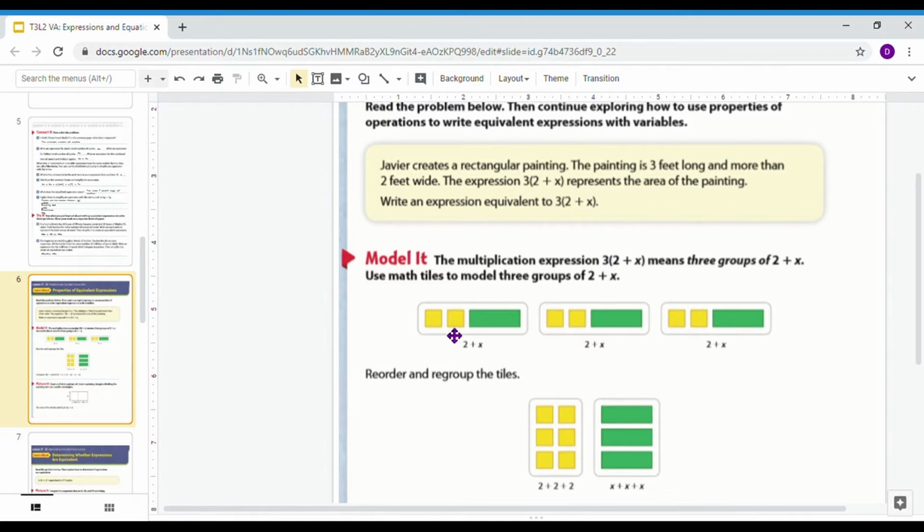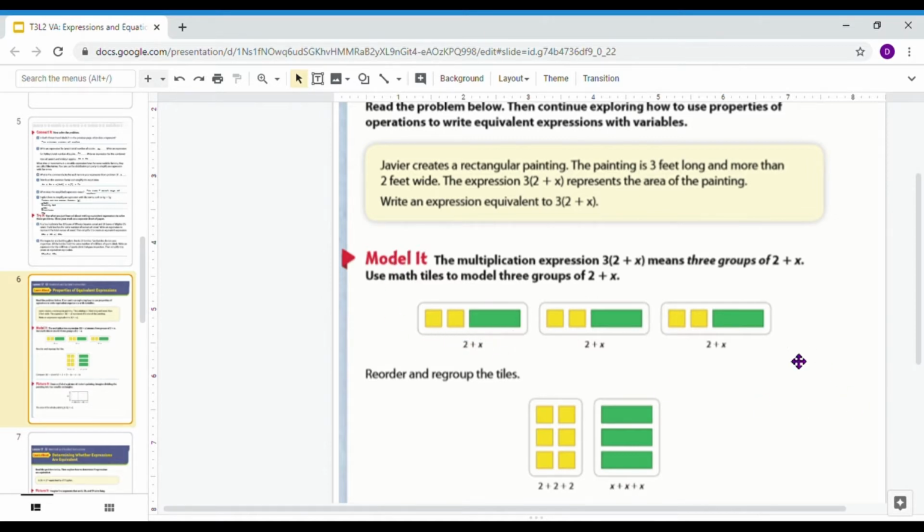We got 1, 2 are the yellow squares, and the x is going to be an unknown number because it's a variable, and that's going to be represented by this green rectangle. The 3 on the outside is showing you the amount of groups of 2 plus x. So there is 1, 2, 3 groups of 2 plus x.